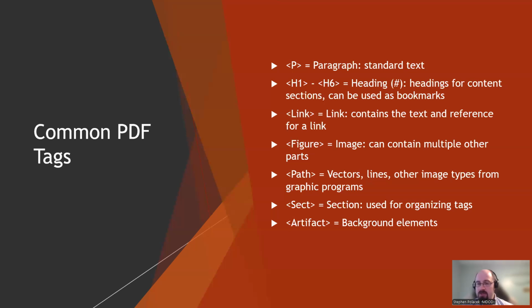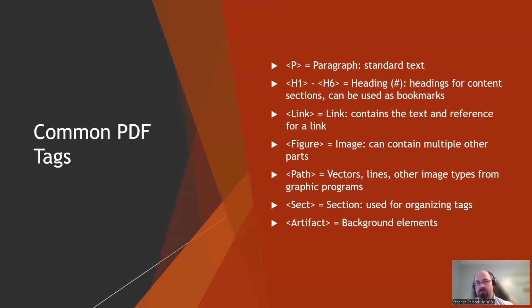So in most cases, you're probably going to be putting the path inside of the figure or trying to treat it as such. In other cases, it might be there, but we might be trying to treat it as a background element. That artifact tag, which is the next one, I'm going to skip to that. Artifacts are anything that we want users to kind of skip over.